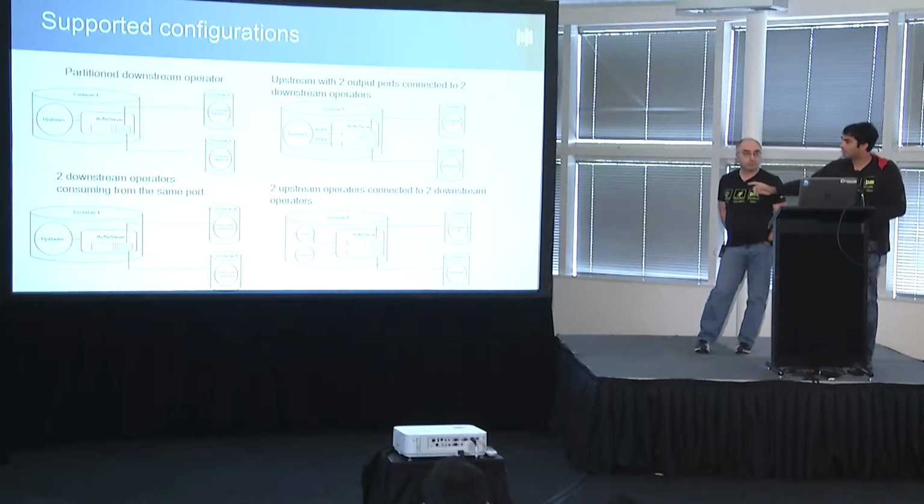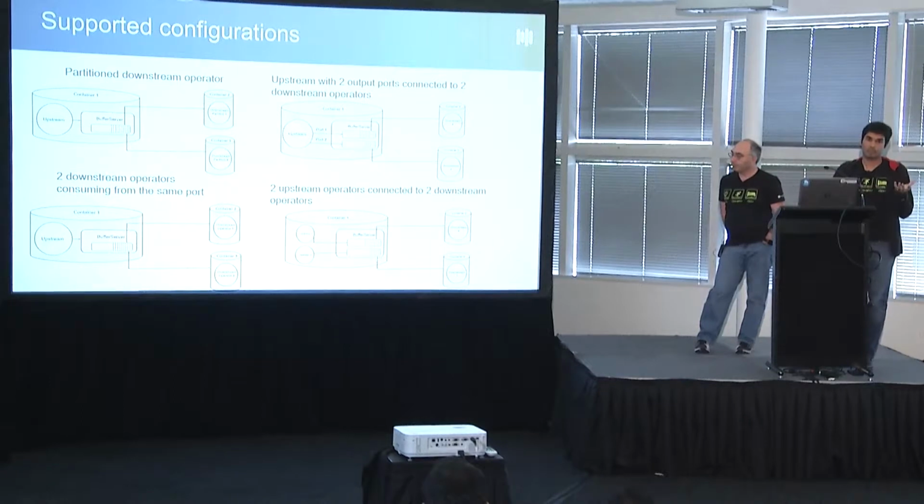And the last one that we have here is a separate one. Each container can have multiple operators. In this case, I have two operators, and they are going to two different downstream operators. Now you can see there are two buffers in a single buffer server, and they are going to the different ones.